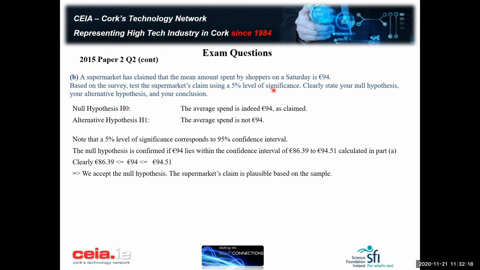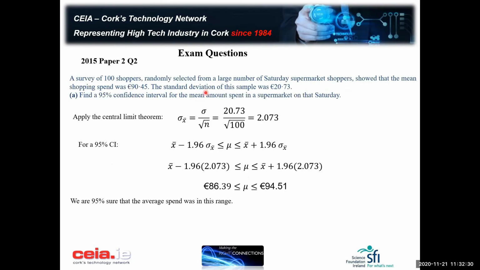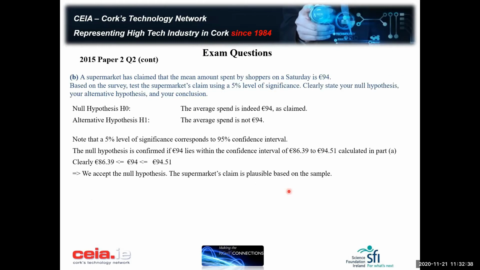Well, 5% level of significance is the same as a 95% confidence level for your interval. And the 95% confidence interval, remember, was this 86.39 to 94.51 range. And clearly 94 lies inside that range.